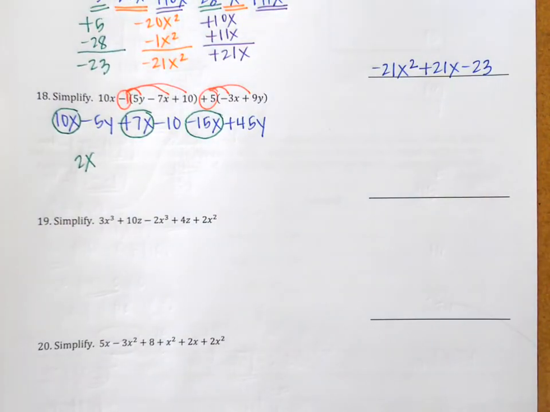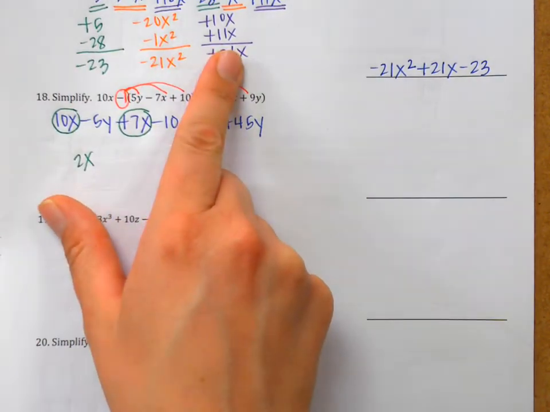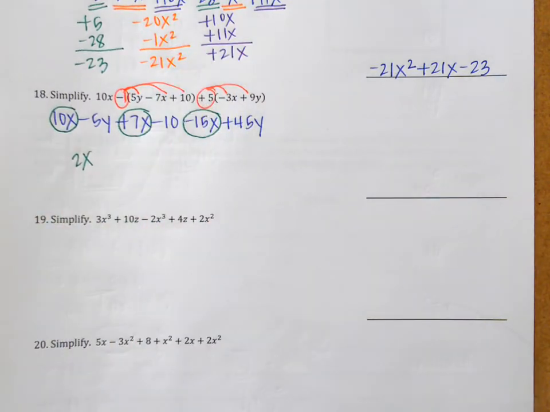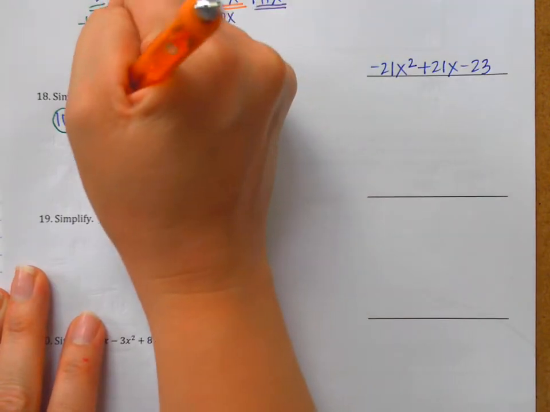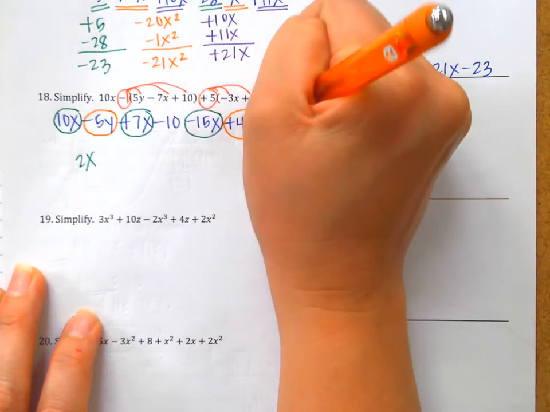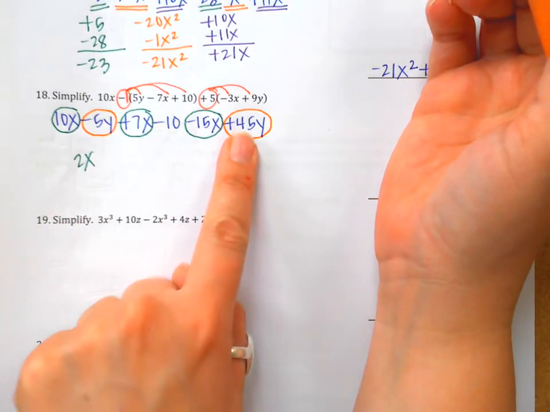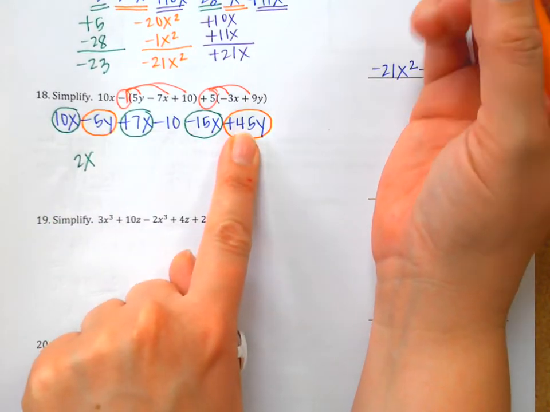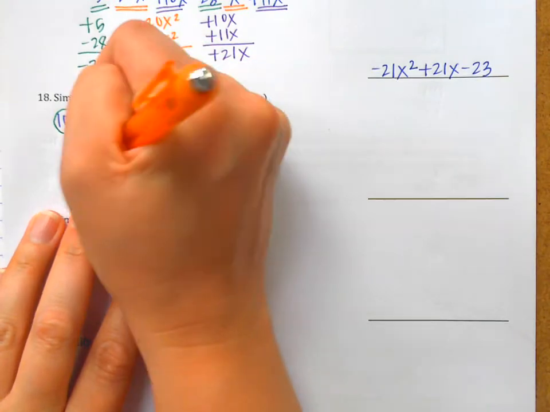When I'm doing these on my own, I just do it in my head. Again, if you want to write it out and keep yourself organized like that, you totally can. Do what makes you feel the most comfortable. And then -5y is going to combine with 45y. So -5 plus 45 gets me +40y.